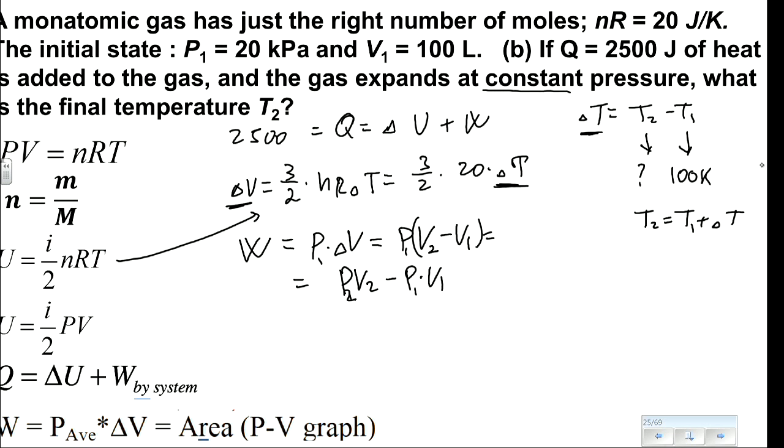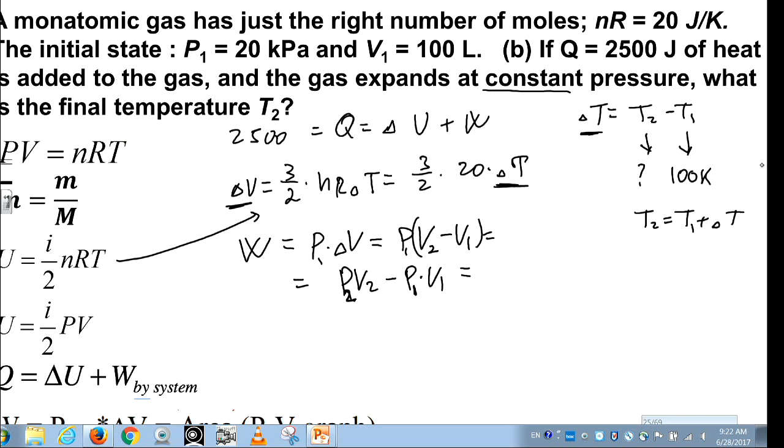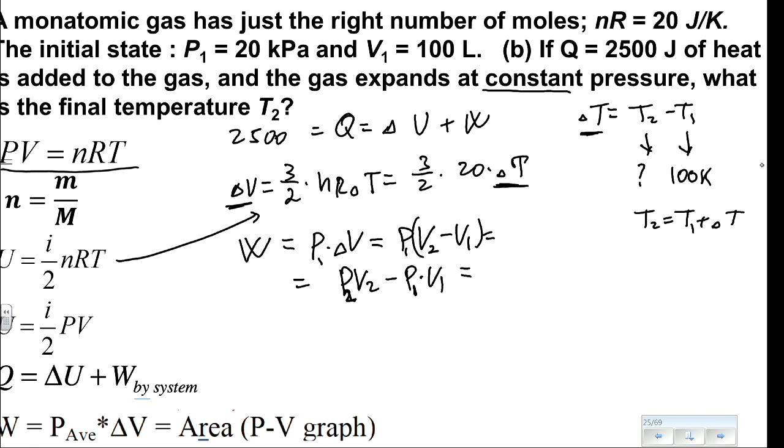So this is how I can write it. Any questions on this part? Now, what is product pressure and volume equal to? This is what it is equal to. So it will be equal to this minus this, or we can write it back as this.